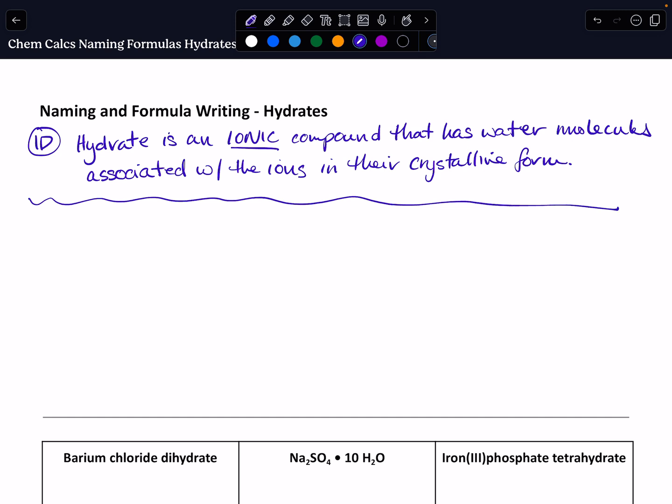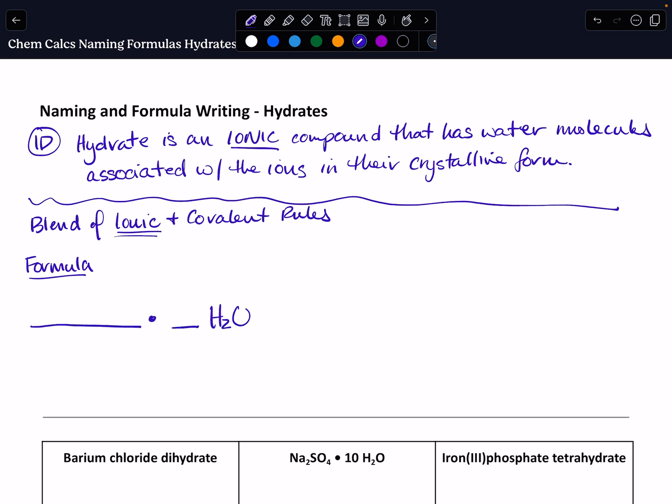When we talk about naming and writing formulas, we're going to be using a blend of ionic and covalent rules. It's mostly ionic rules, because the only thing we're using from the covalent side is the prefixes to indicate the number of waters. So you could have the formula, which is going to have a compound, a dot, a number, and then H2O.